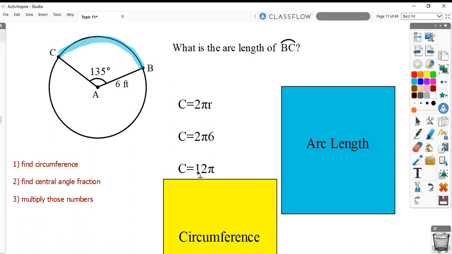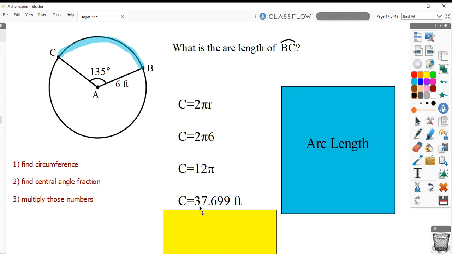Well, that's the same thing as 12 pi. Now remember, if we were doing a circumference type of problem, if this was the question we were trying to answer, 12 pi could be a good answer all by itself. That's something you could type in the calculator, or you could just leave it as 12 pi. Either way, that's what the circumference is. This is the circumference of that circle. So that's step number 1.